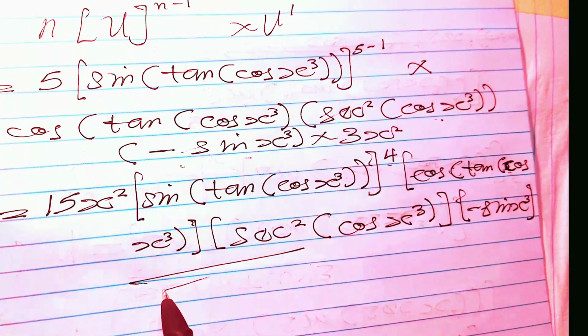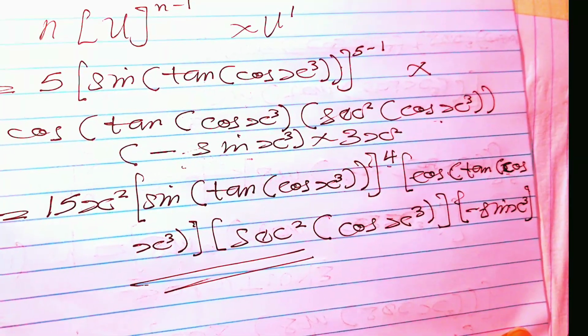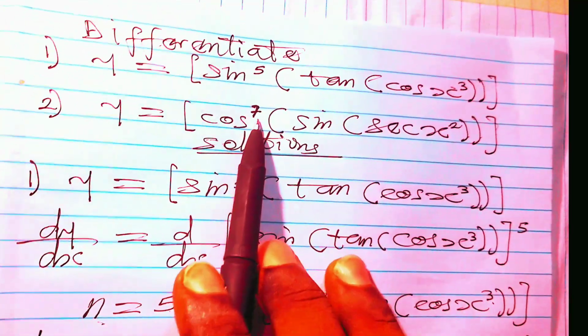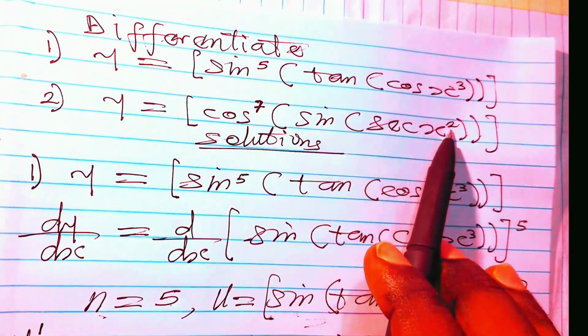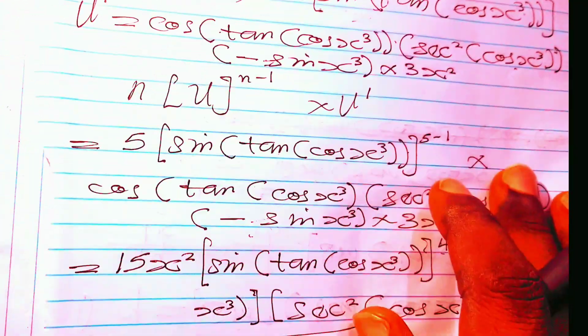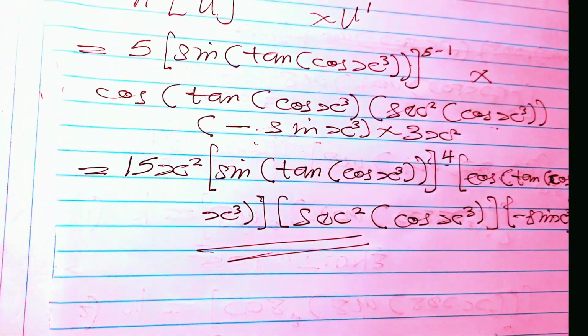And that is the answer to such a question. Let's go for the other question. The other question is y equals cos to the power of 7 sine sec x squared. We're still going to follow the same kind of pattern to solve this question. So let's go for the second question.